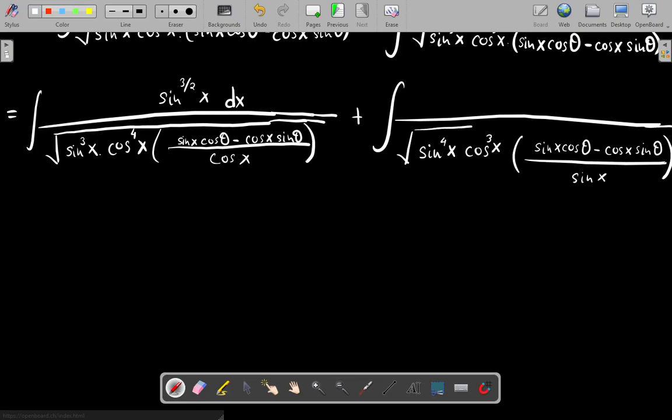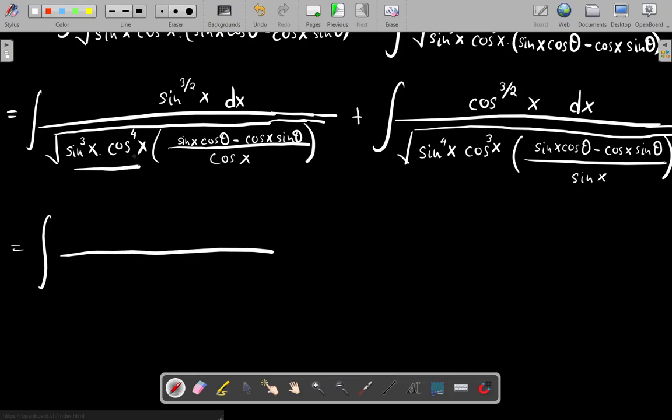In the next step you will see why I did this. If I take these two terms outside the square root, the first term will be sin^(3/2) x, and this cos^4 will become cos^2 x.